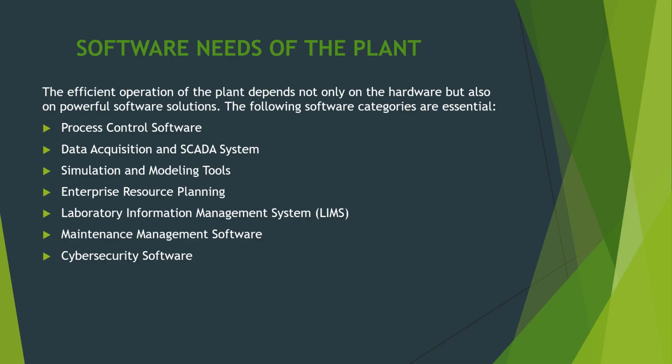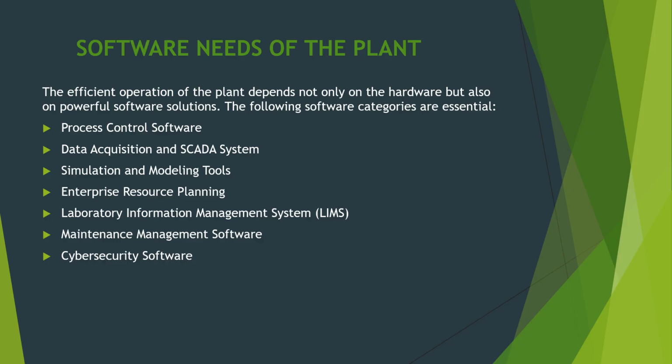So we have process control software. So these are for real-time monitoring, control, and automation of the plant processes. 2. Data acquisition and SCADA systems. So these are used to visualize plant parameters and trends.